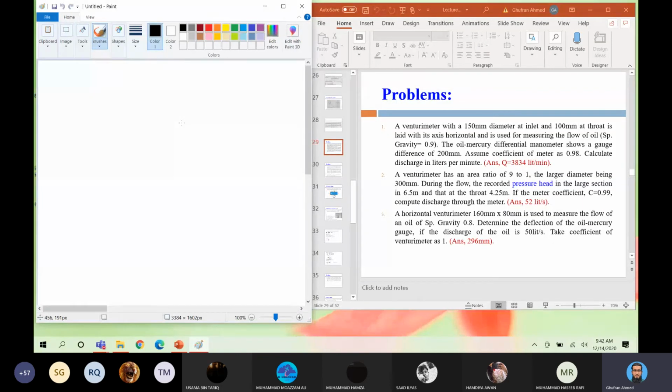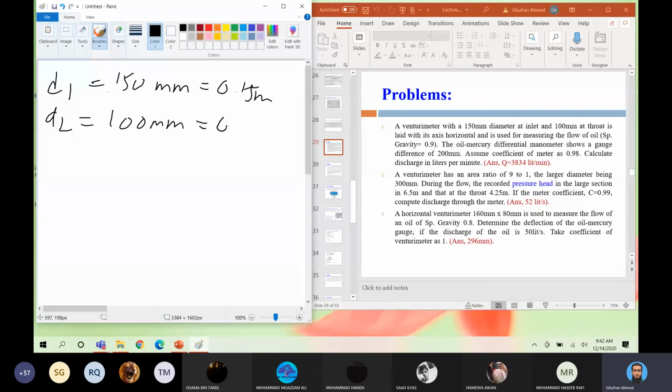A venturi meter with 150 millimeter diameter, so D1 is 150 millimeter and is equal to 0.15 meters, D2 at the inlet and 100 millimeter at the throat, so D2 क्या हो जाएगा 100 millimeter और 0.10 meter.